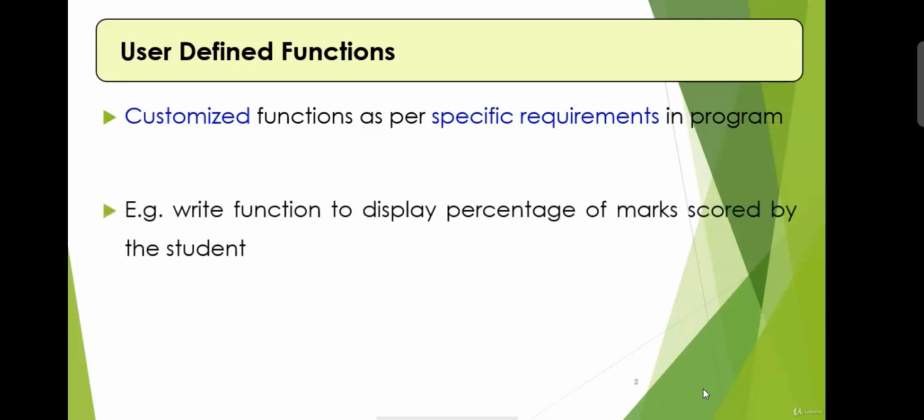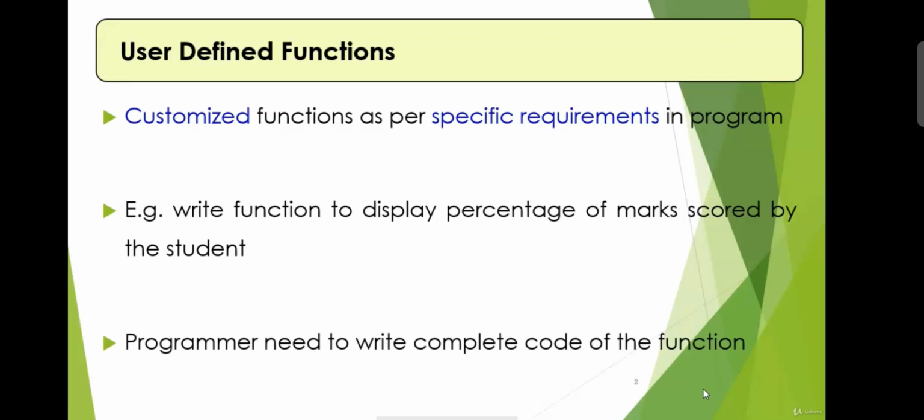For example, suppose we want to write a function to display the percentage of marks scored by a student, then I need to write a user-defined function in this case. Here the programmer needs to write the complete code of the function and call that code wherever required.